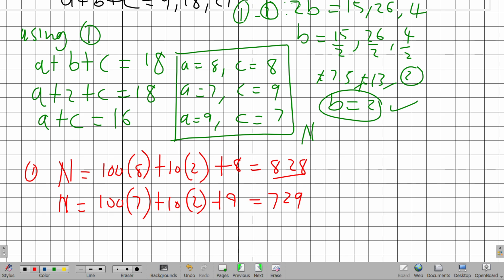We are also going to have a case where n is equal to 100 times 9 plus 10 times 2, and then we've got a 7 here, and we actually get the answer 927. So these are quite interesting questions, but you need to carefully analyze them before you start solving them. All right.